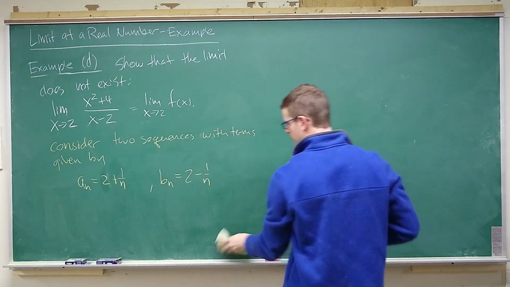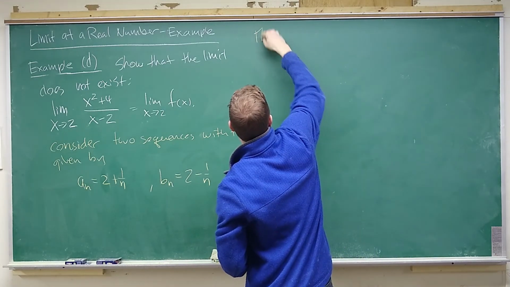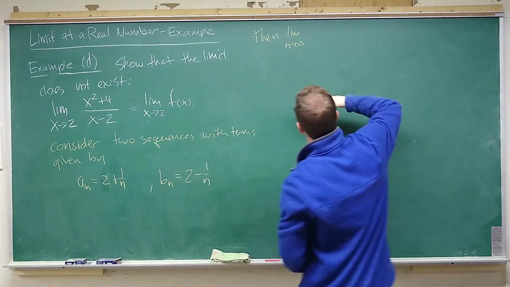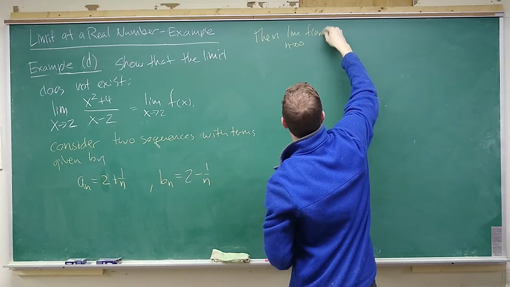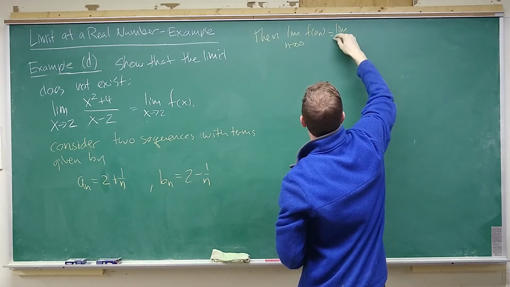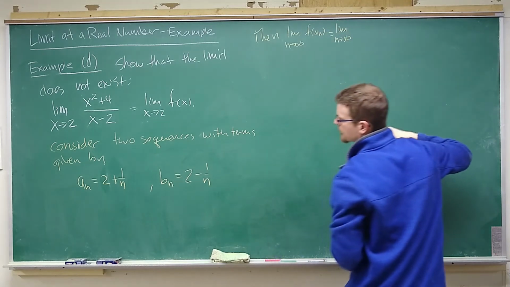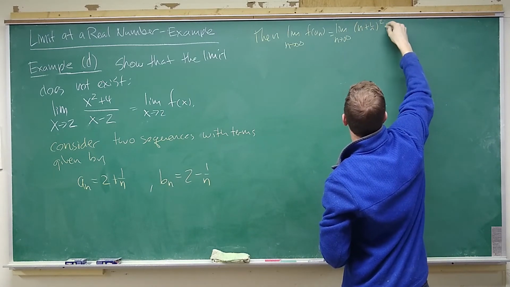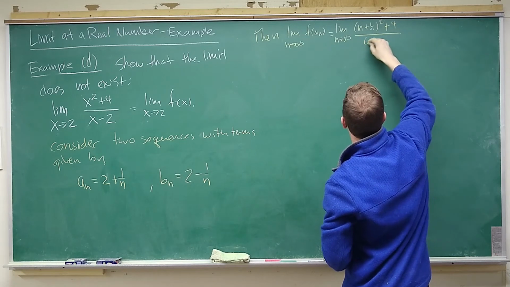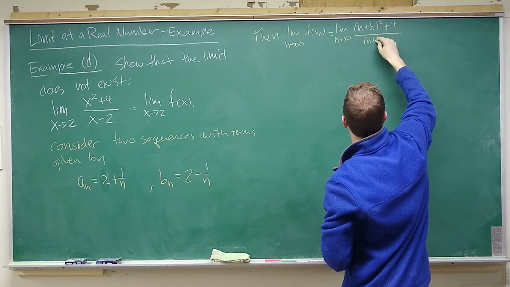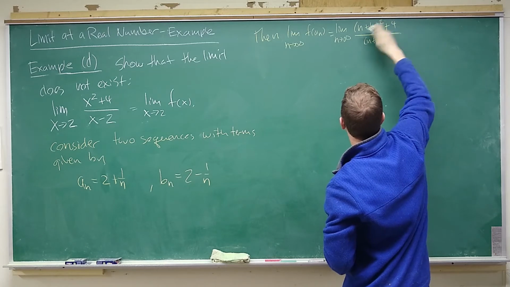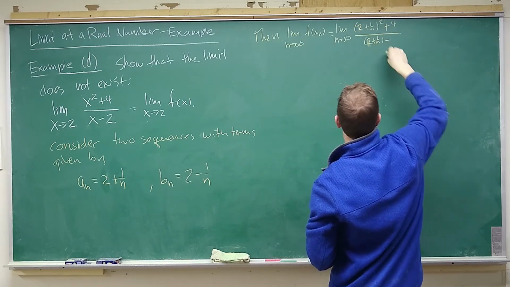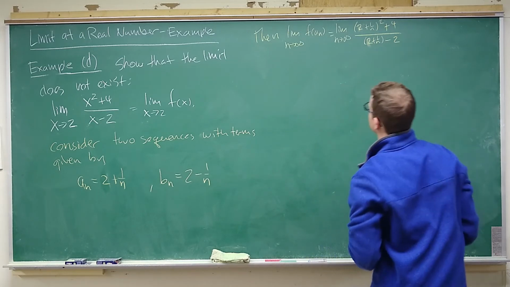All right. So then, the limit as n goes to infinity of f of a sub n is equal to the limit as n goes to infinity of ((2 plus 1 over n) squared plus 4) divided by ((2 plus 1 over n) minus 2) in the denominator.